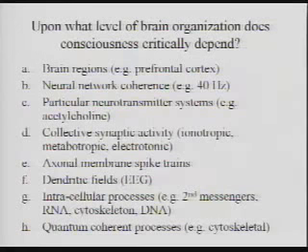The other question is, upon what level of brain organization does consciousness critically depend? Well, most of the emergence people would say neurons are the fundamental bits, but you might also say, well, brain regions, for example, prefrontal cortex has certainly an executive function. Neural network coherence, we know that the best correlation electrophysiologically is with a coherent 40 hertz gamma frequency. Particular neurotransmitter systems, acetylcholine seems important, at least in attention.